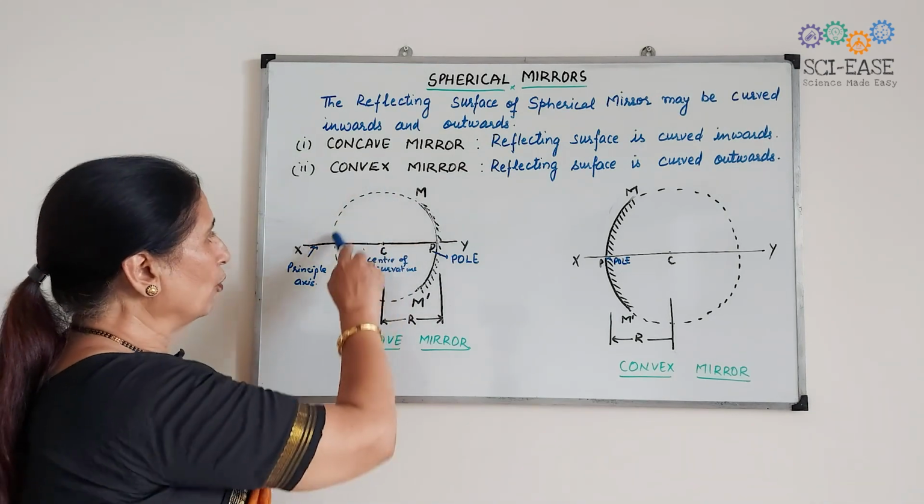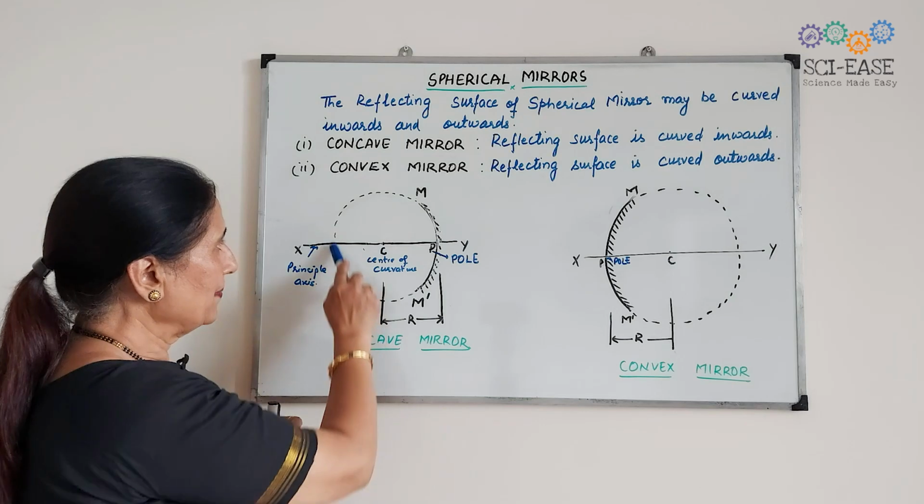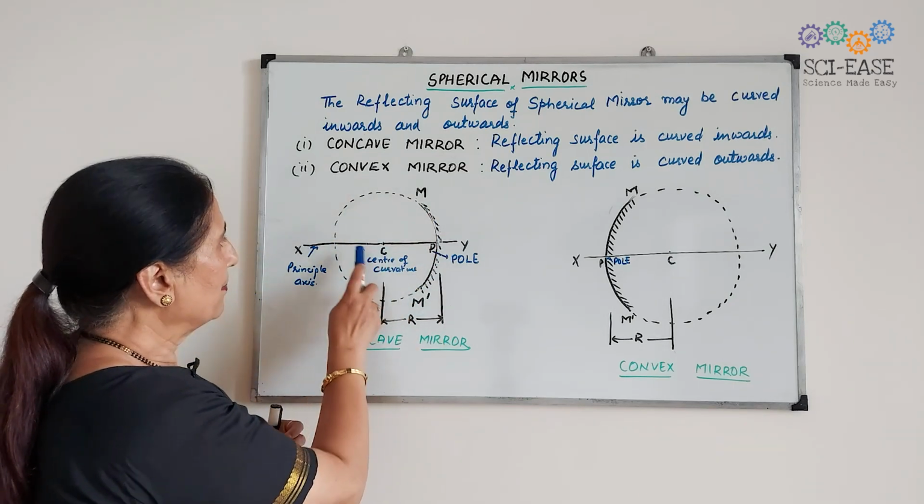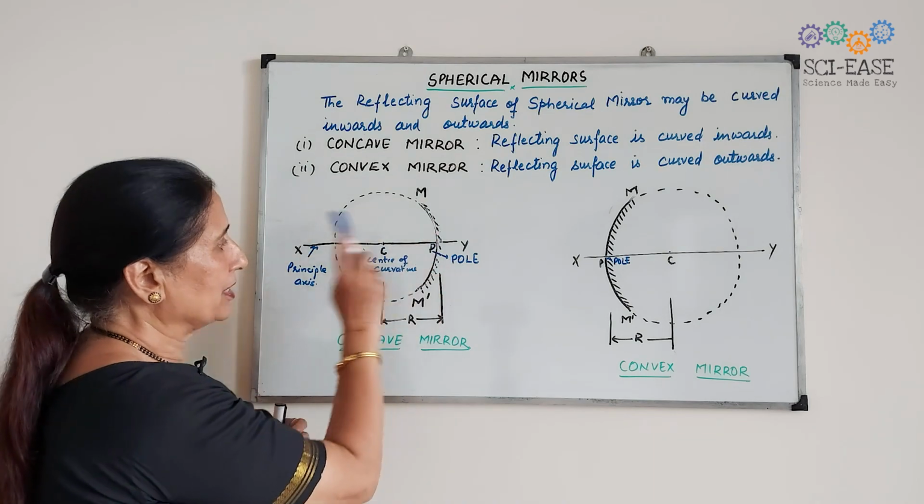Now next is the radius of curvature. This is the full diameter, the diameter of the sphere.